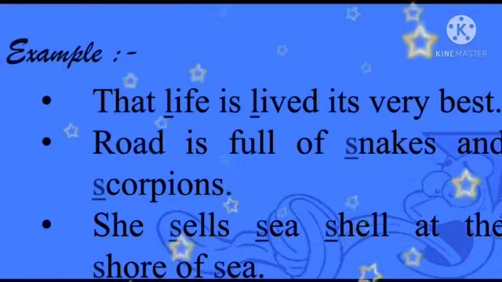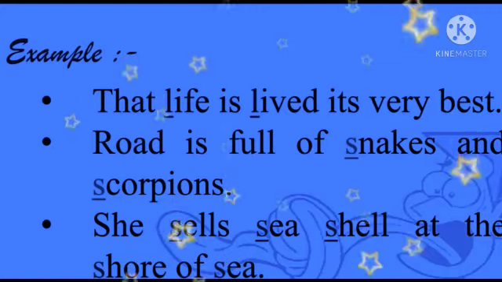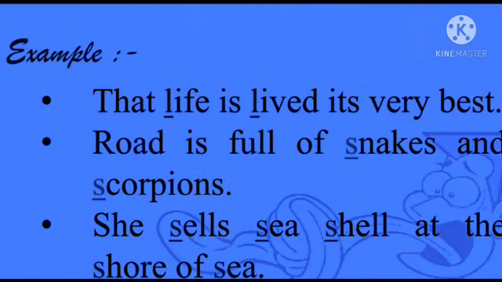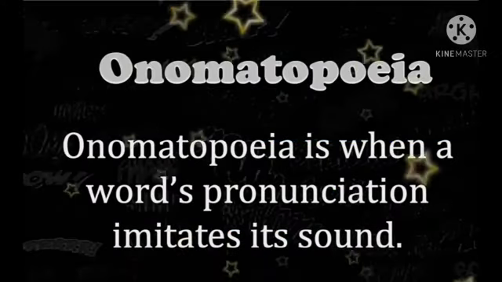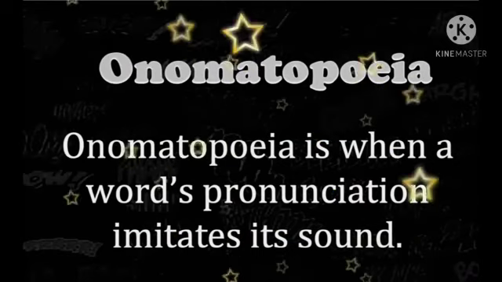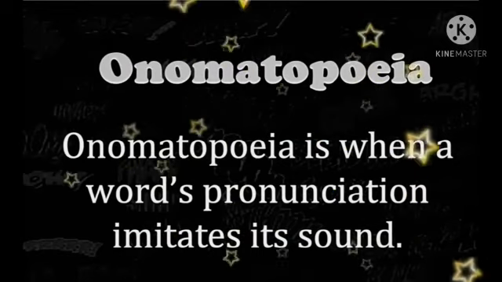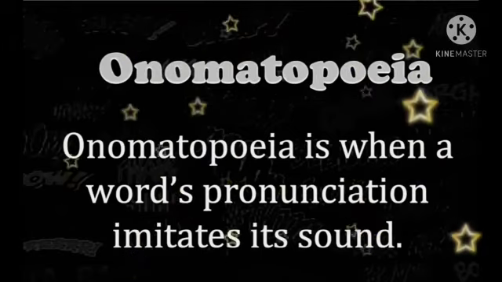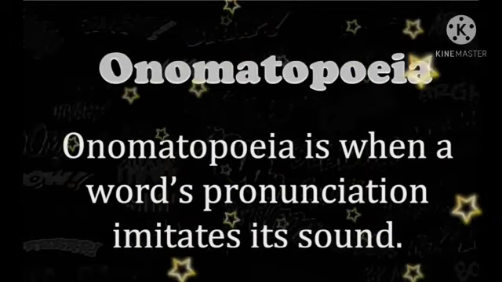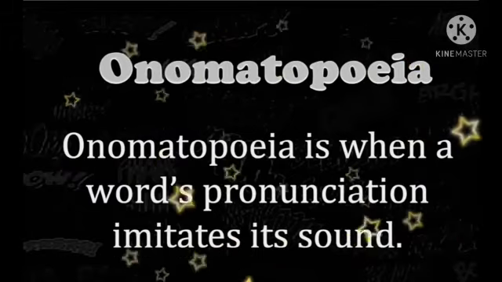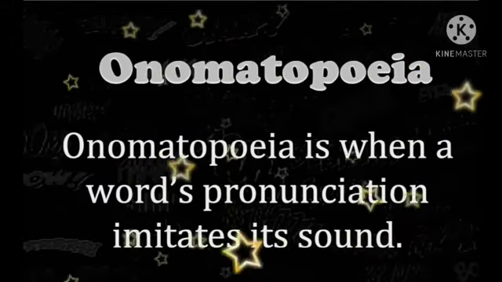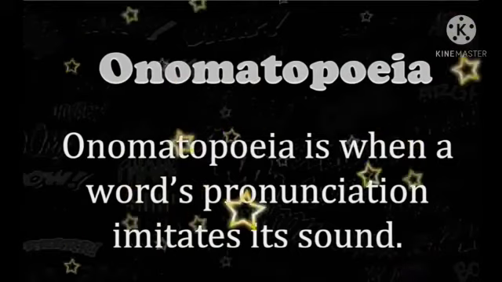It means the repetition of sound which is characterized by the letter. Now our next figure of speech is onomatopoeia. What is this? This is a word expressing sound that is used to dramatize the effect of the idea presented. Onomatopoeia is when a word's pronunciation imitates its sound.